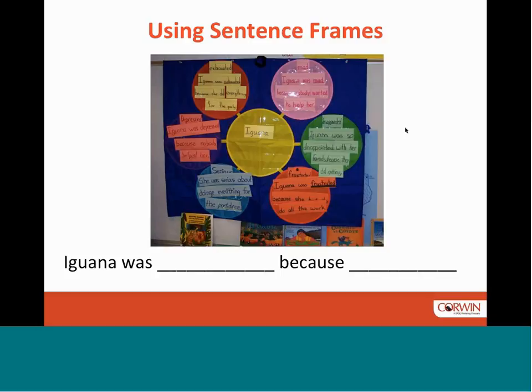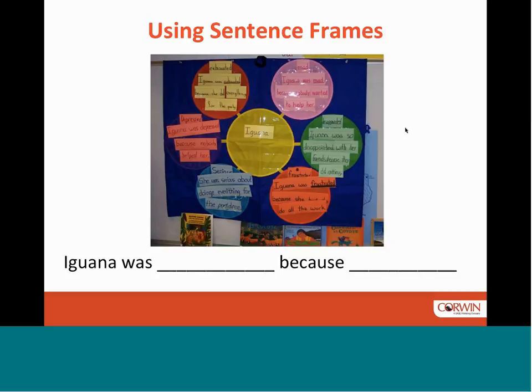So in this bulletin board, the teacher used a pocket chart that's a web. She put students into 6 different groups, and she gave them some key words that she wanted them to understand from the story, like exhausted, or depressed, or disappointed.